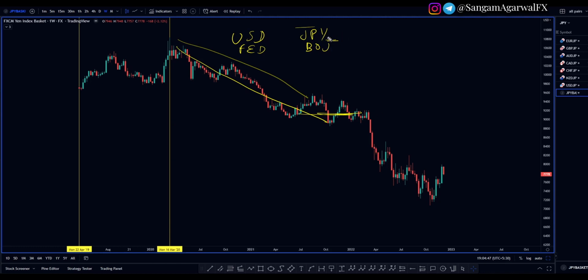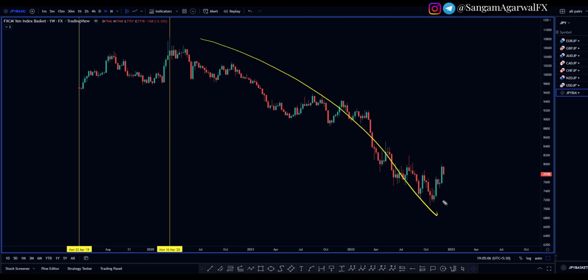JPY, that means Bank of Japan, is still doing QE, but the Fed was doing QT monetary policy, and that was a big difference in monetary policy. So the dollar was strong and JPY was weak, and this currency index was coming down, and this currency was so weak that Bank of Japan had to intervene and they had to sell dollar.